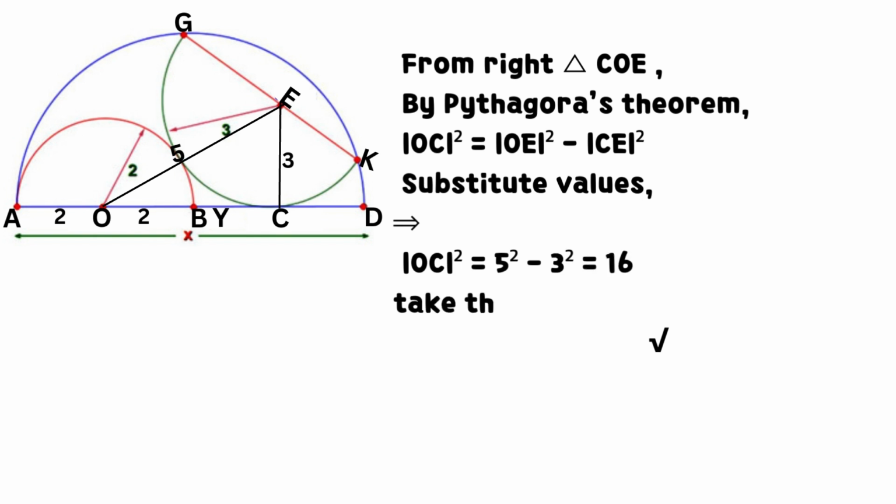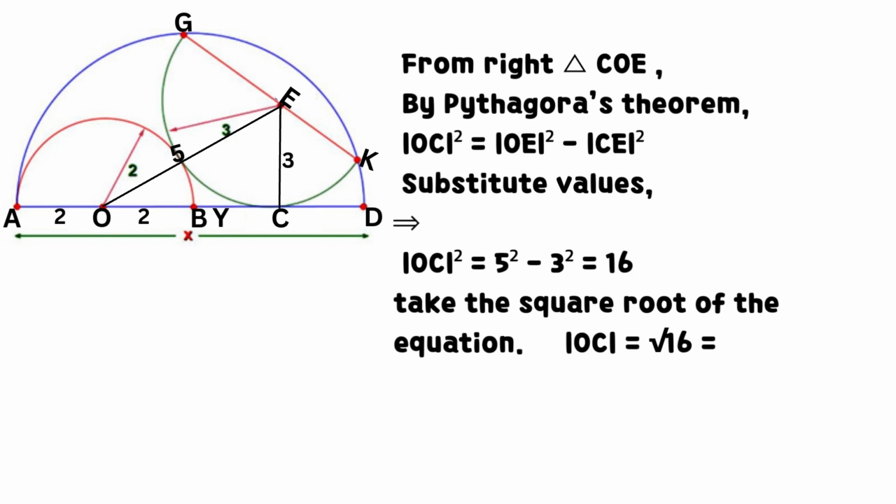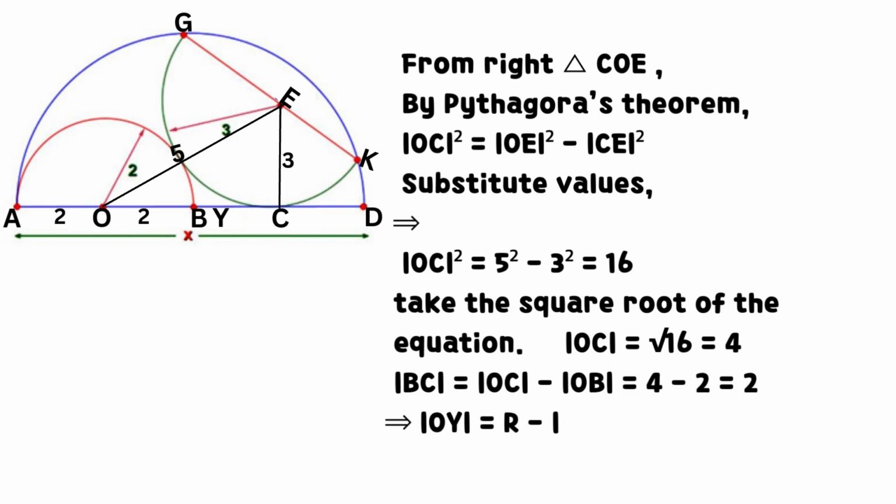Substitute values. We have that the square of line OC equals the square of 5 minus the square of 3, which equals 16. Take the square root of the equation. Line OC equals the square root of 16, which equals 4.